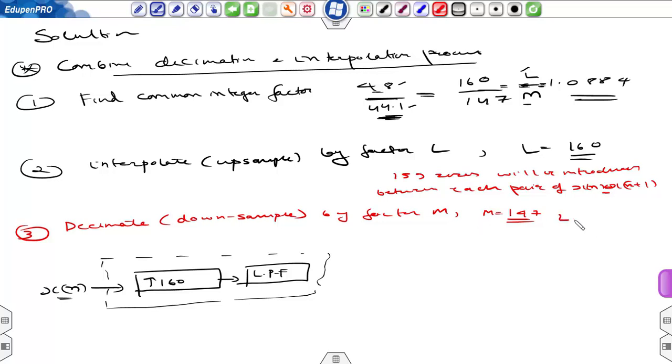So what it will do is reject 146 samples for each sample of x.